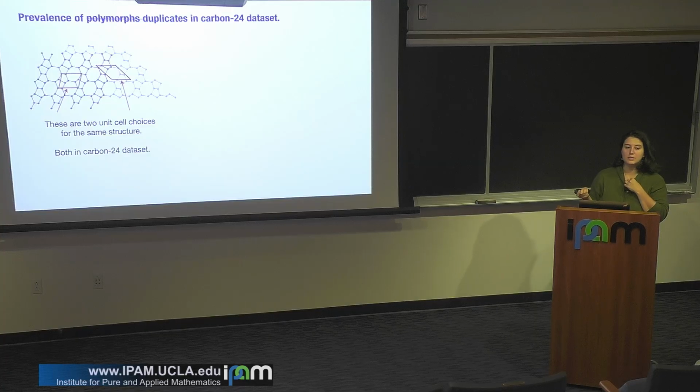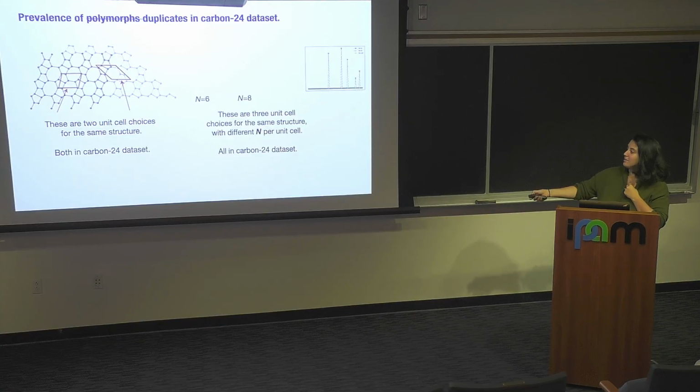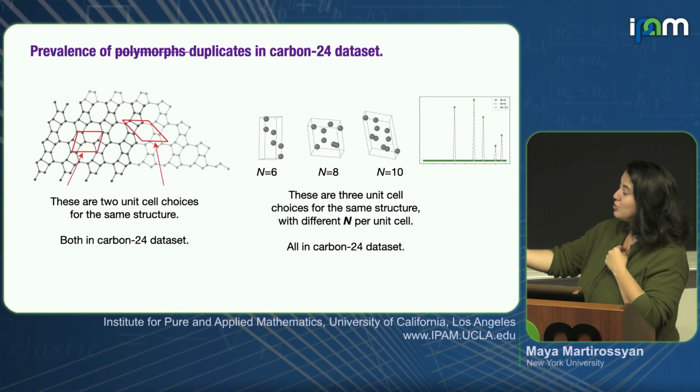I think that's because these data sets were probably reported with DFT-level accuracy, which is far further than what we need and what I think a crystallographer would reasonably call the same structure or not. If I can put these on top of each other and they look the same, to me they're the same. And we noticed this even happens for different numbers of atoms. So you can, let's say, plot the radial distribution functions.